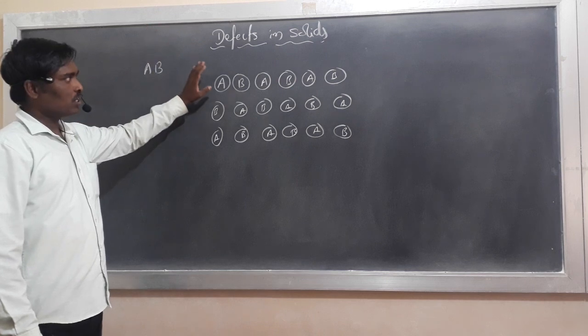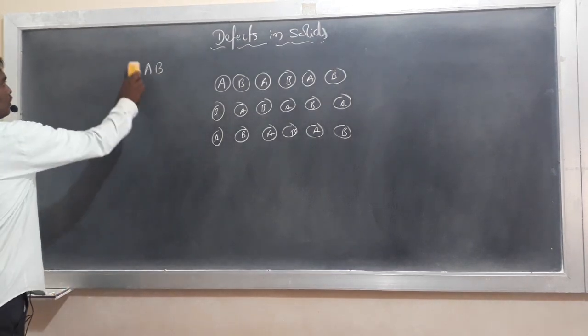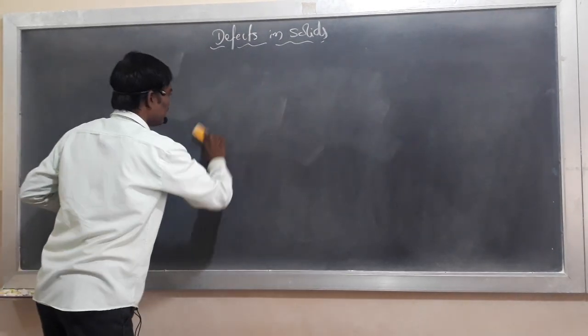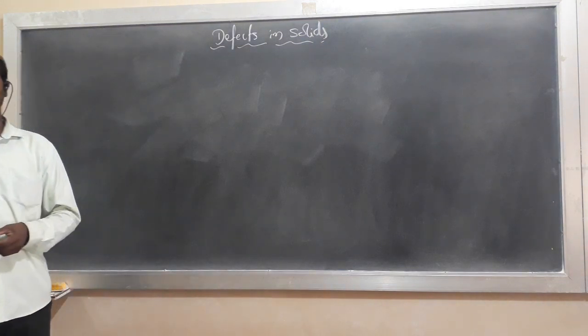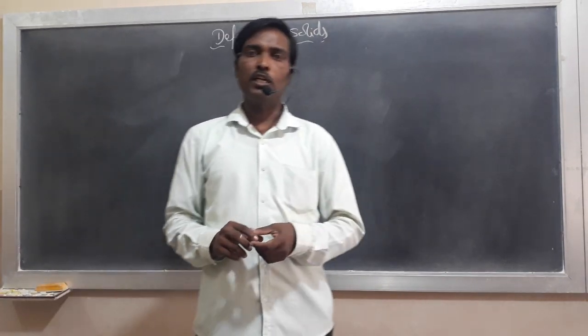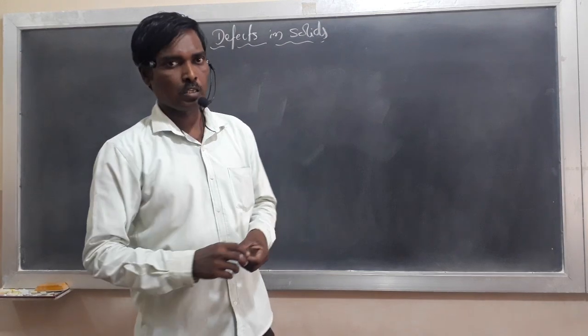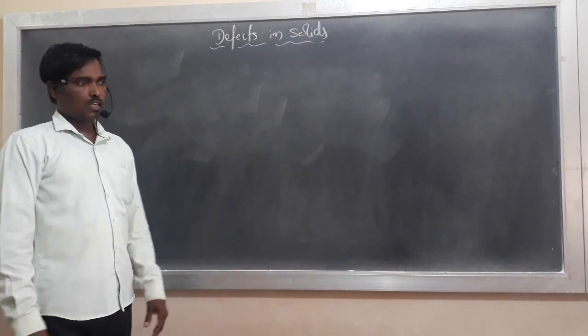There is an imperfection in the solid. Let me define the defects or imperfection in solids: any disorder or disturbance in the orderly arrangement of the constituent particles in a crystalline substance is called disorderness or defects in crystals.